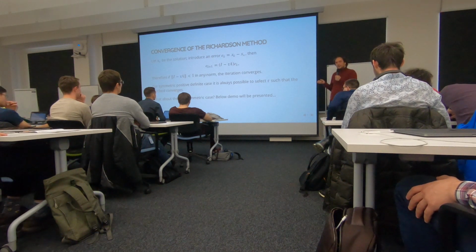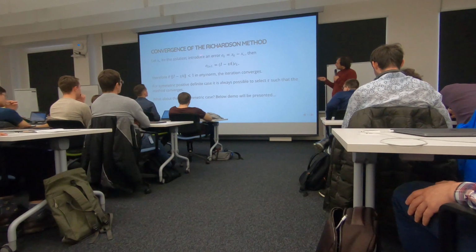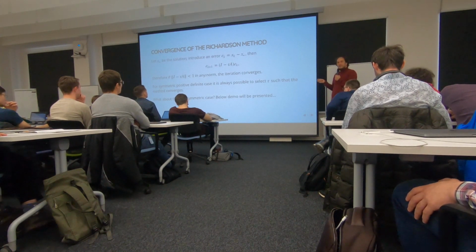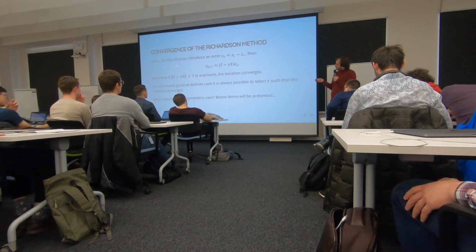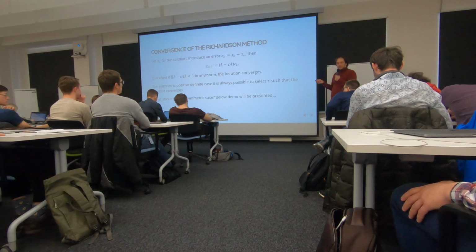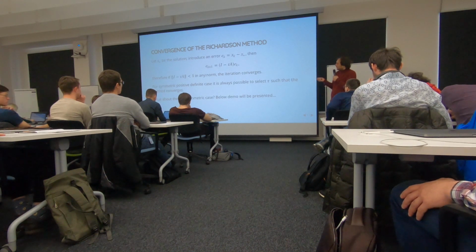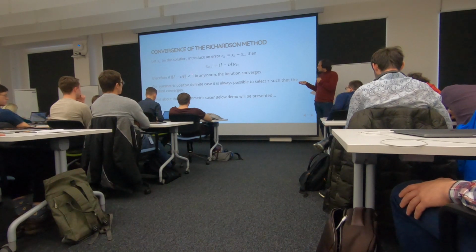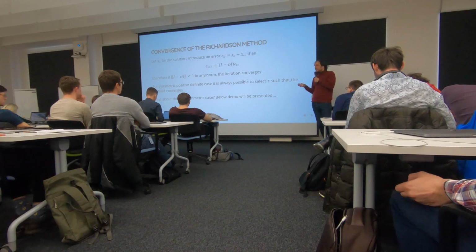So we need to have the property that the norm of this matrix is less than 1. Well, if you have some norm of the matrix that is less than 1, by using the multiplicativity property of the norm, we will have that the norm of e_{k+1} is bounded by q to the power k, so we will have a geometric convergence to the true solution.